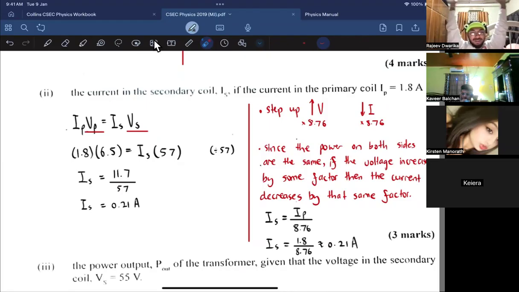And that's based on what law? We're saying that if you put in X amount of power, you get X amount of power out. You can't just create power from nothing.